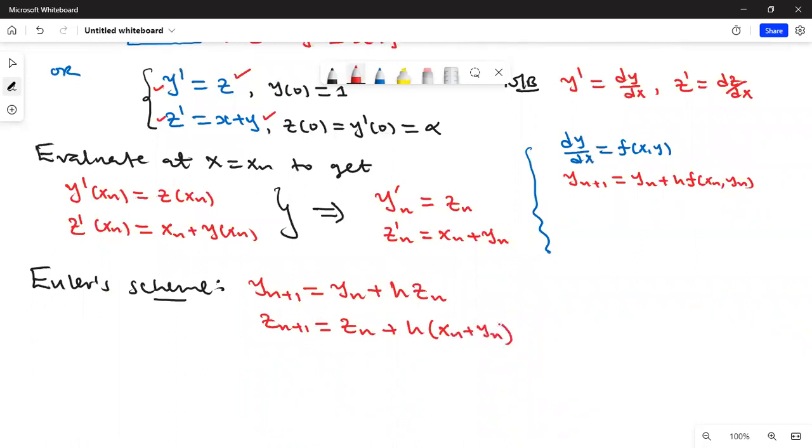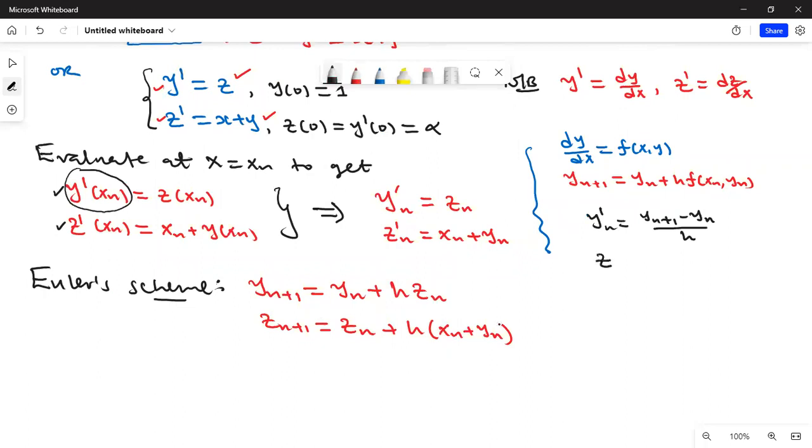That's what we have. Or simply, you could approximate the derivatives in this and also this using the forward Euler scheme. You know y prime n is the same as yn plus 1 minus yn over h. That's what you want to have substituted here, and then here, and then you cross multiply.